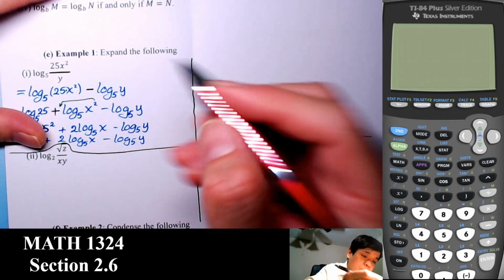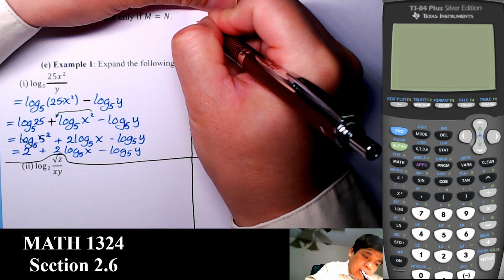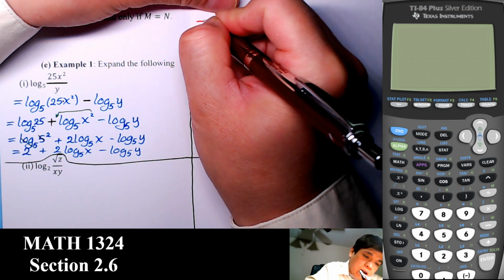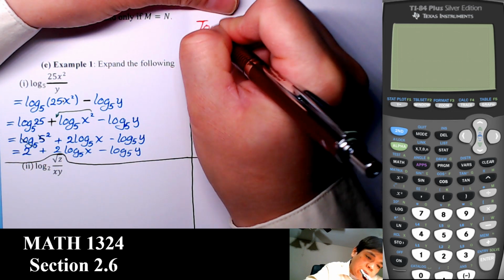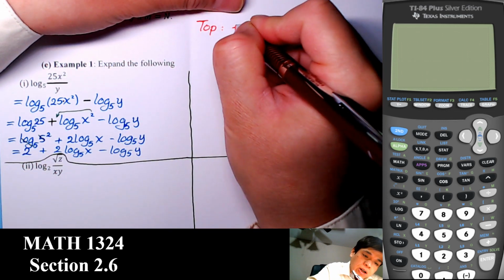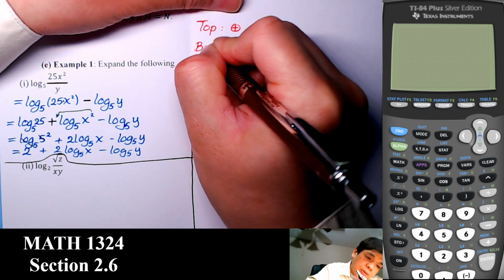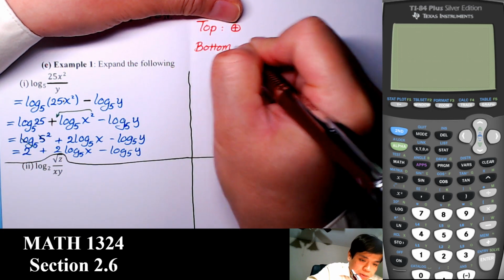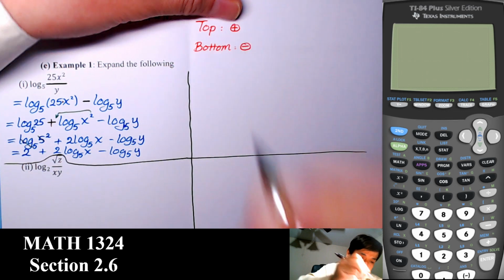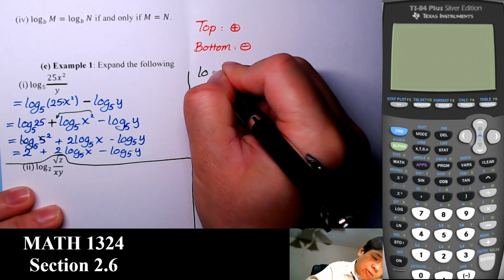So we have the properties here that say, in summary, if it is on the top, it will have the positive coefficient. If it is at the bottom, it will carry the negative. So let me write the problem again.